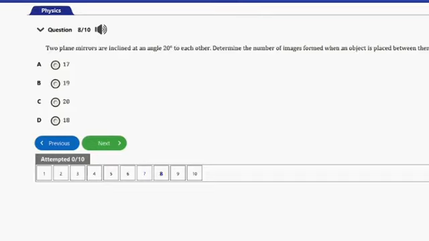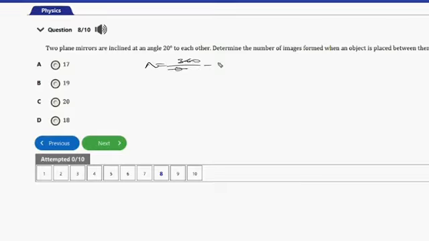So guys, the next question here, question number 8, says, two plane mirrors are inclined at an angle 20 degrees to each other. Calculate the number of images formed when an object is placed between them. So guys, we're going to use the formula n is equal to 360 over theta, all minus 1.